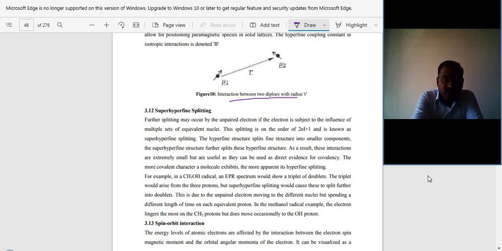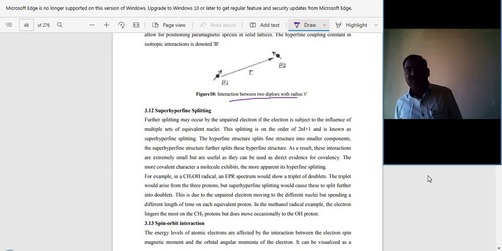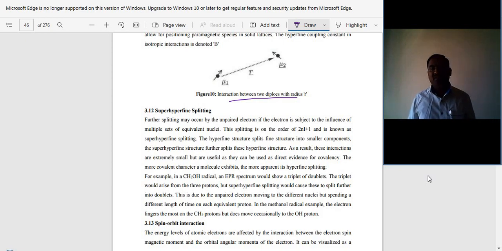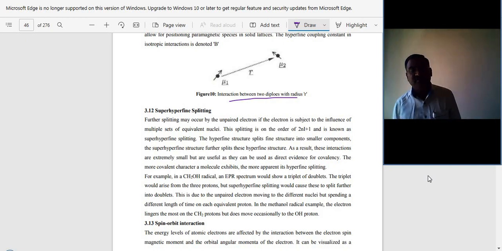Super hyperfine splitting: further splitting may occur if the unpaired electron is subject to the influence of multiple sets of equivalent nuclei. This splitting is on the order of 2Ni plus 1 and is known as super hyperfine splitting.